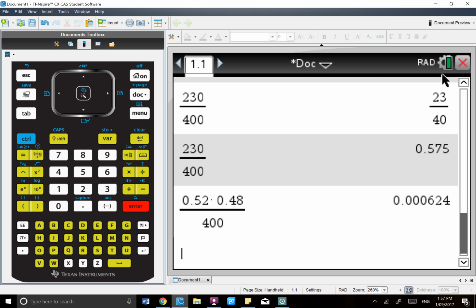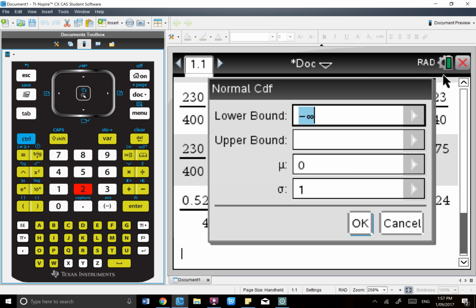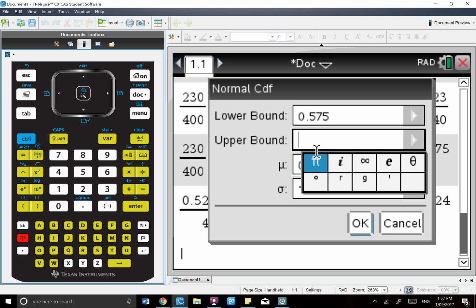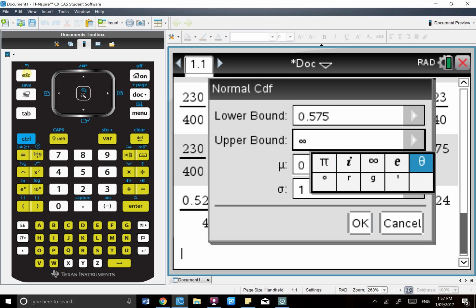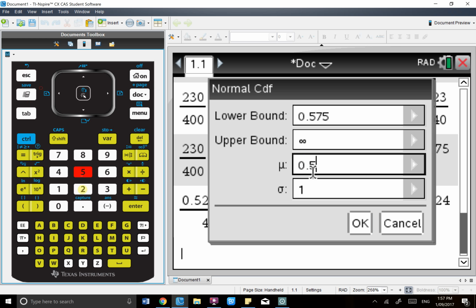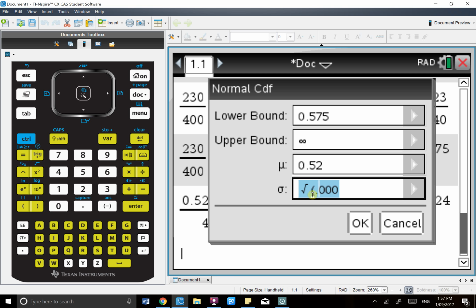Then the rest is the calculator. Because it's normally distributed, menu 5, 5, 2, from 0.575 to infinity, with mu 0.52 and standard deviation the square root of 0.000624.